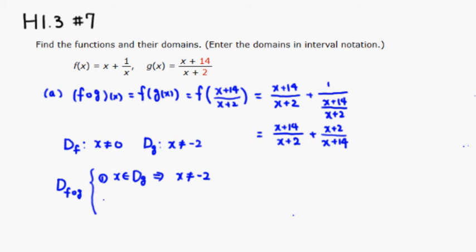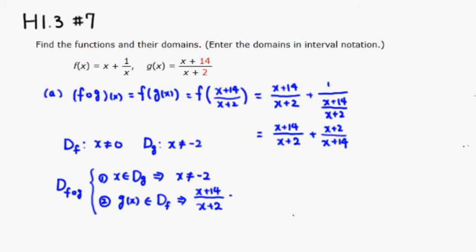And two, the inside function g of x has to be in the domain of the outside function, the domain of f. Since g of x, (x plus 14) over (x plus 2), is plugged into f, it has to be inside the domain of f.